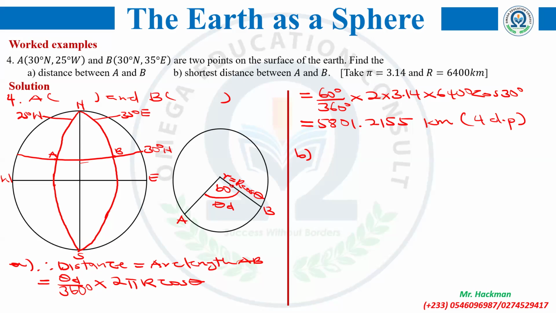What is the shortest distance between 2 points? I've asked this question before. The shortest distance between 2 points is, I'm disappointed.